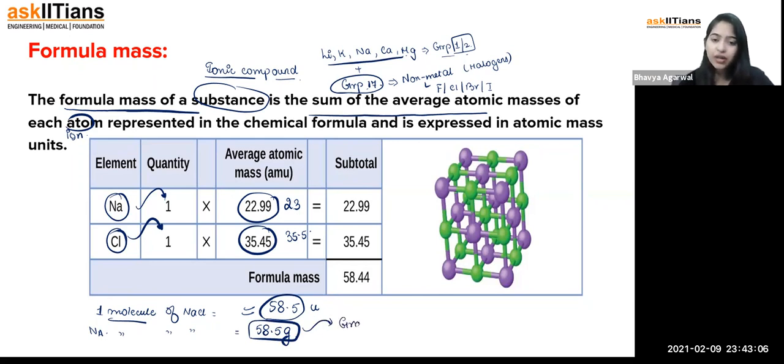This time we are going to call it gram formula mass, which is GFM, just another term for mole. So this is the mass of 1 mole of sodium chloride, right?